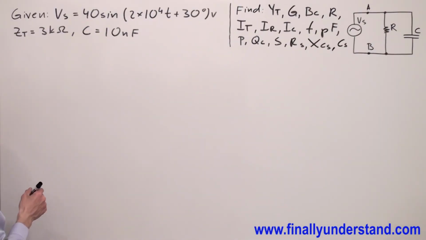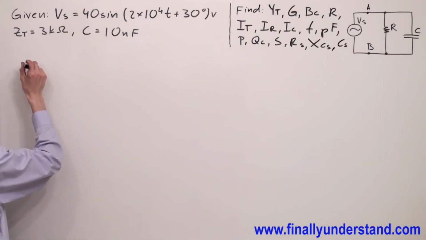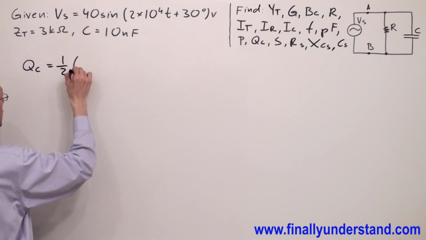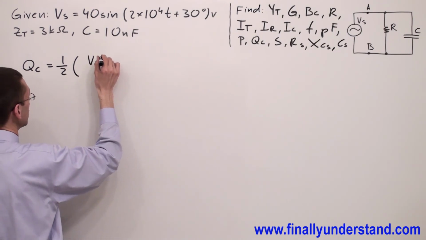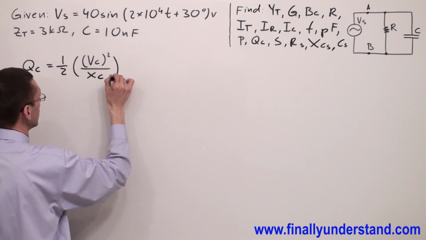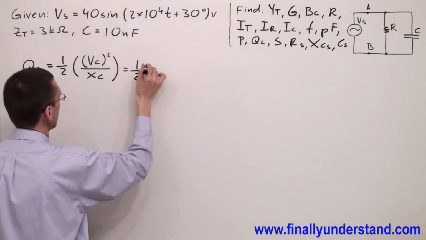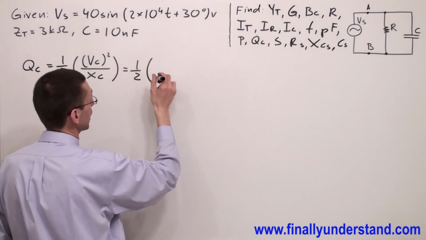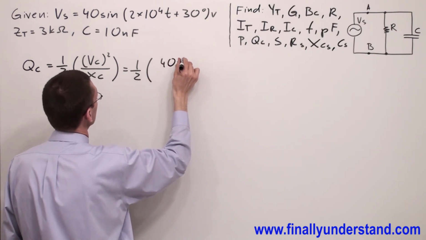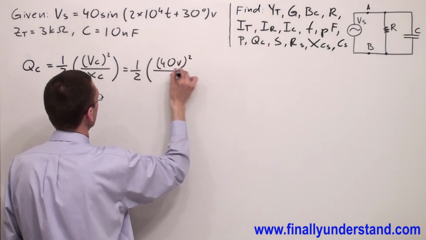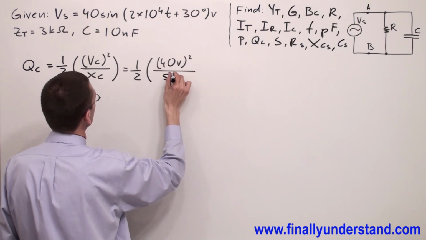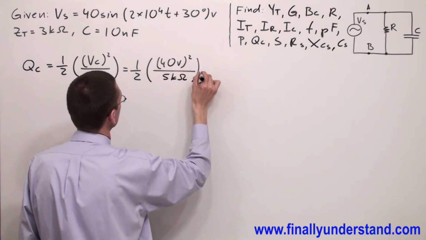Next, we're supposed to find the reactive power. QC is equal to 1/2 times the voltage across the capacitor raised to the second power over X of C, which is equal to 1/2, and the voltage across the capacitor is equal to the voltage source, which is 40 volts, raised to the second power over X of C, which is equal to 5 kiloohms.